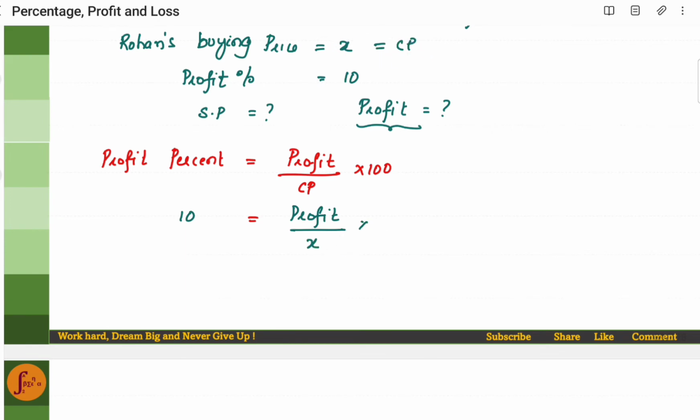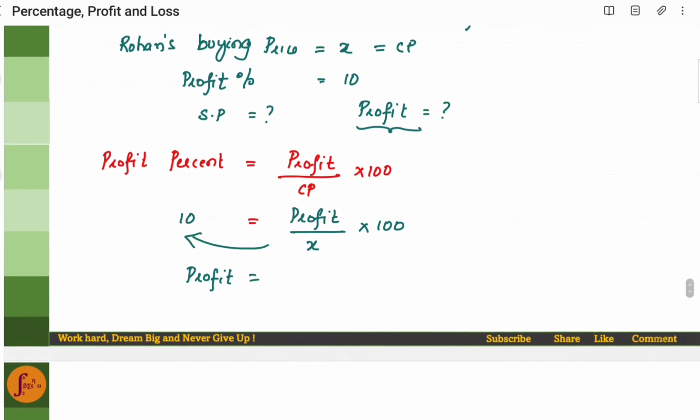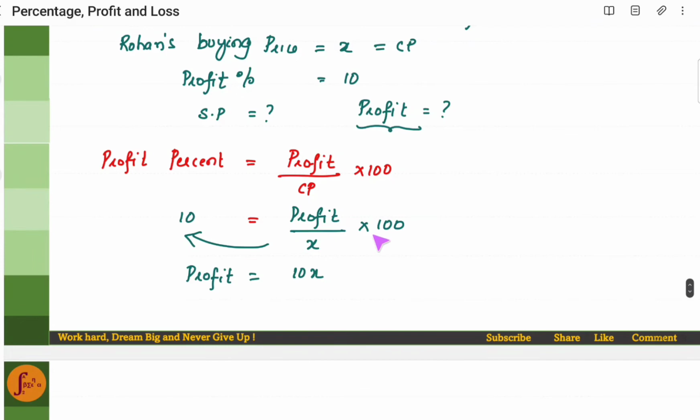So 10 equals profit by X into 100. Shifting terms, profit is 10X by 100.